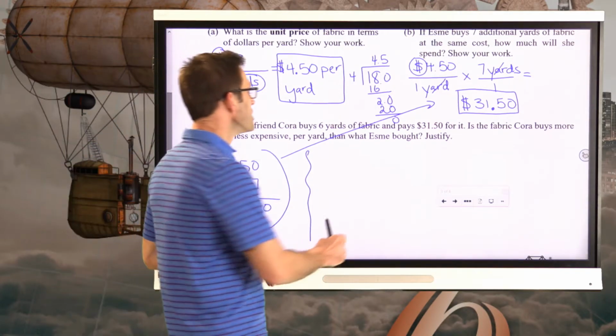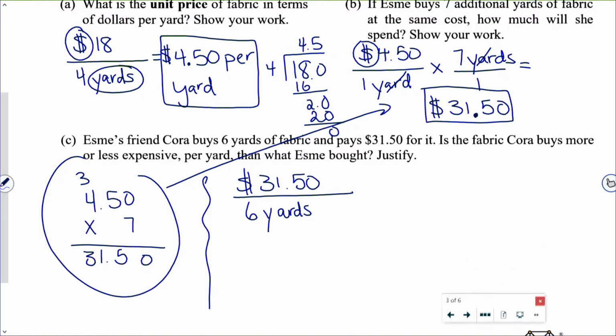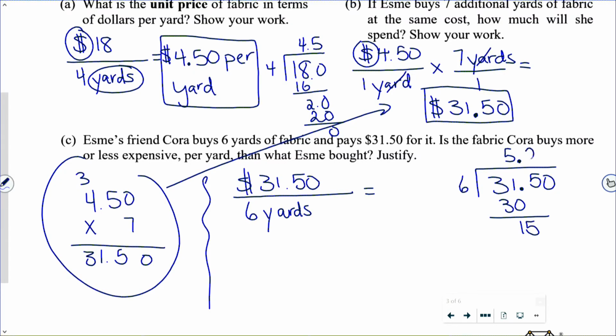All right, well, let's do it. So Cora, right, pays $31.50 per 6 yards. All right, in which case what we're going to want to do is that division, and maybe we'll come over here to $31.50, divide by 6, and let's see, we got 5, 30, 15, 6 goes into 15 2 times, that's going to give me 12, subtract, I get 30, I'm going to go in there 5 times, subtract and get 0.